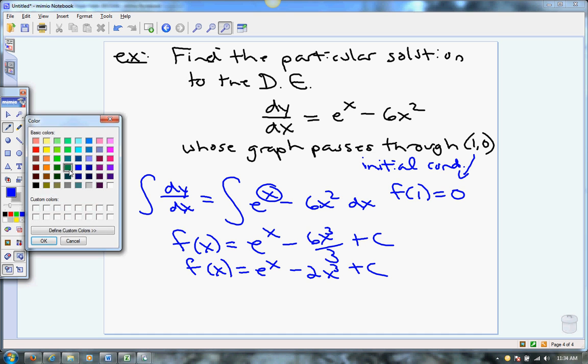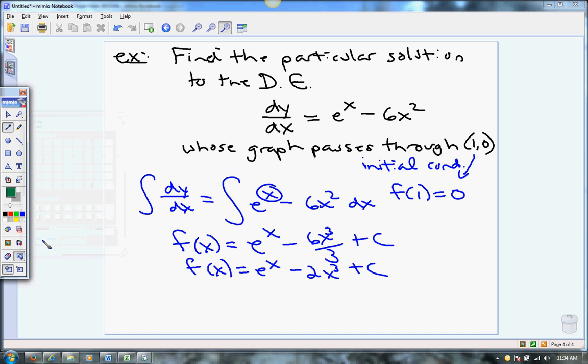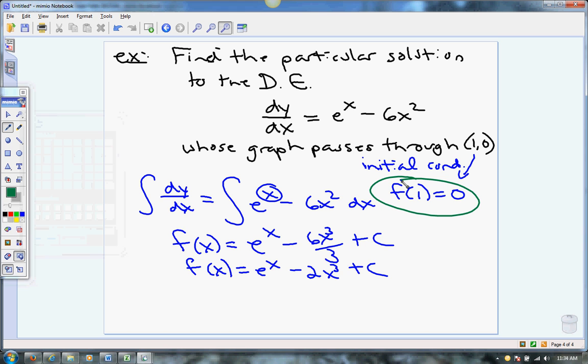But look, I have an initial condition right here. I know that f of 1 equals 0. So that means if I put a 1 in for x, it should equal 0. So let's do that. e to the 1 minus 2 times 1 cubed plus c. So let's see here.